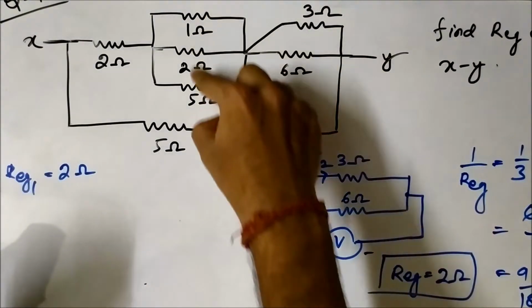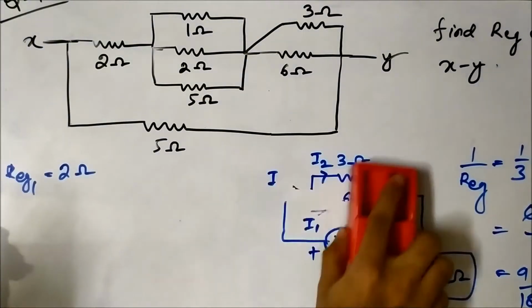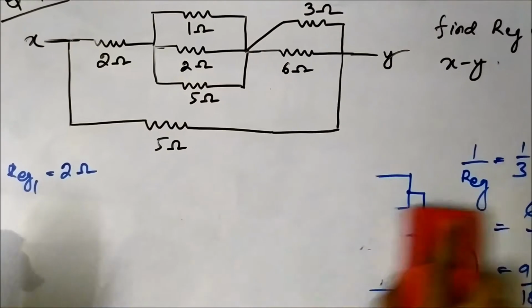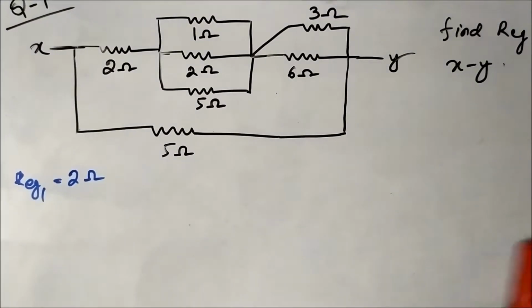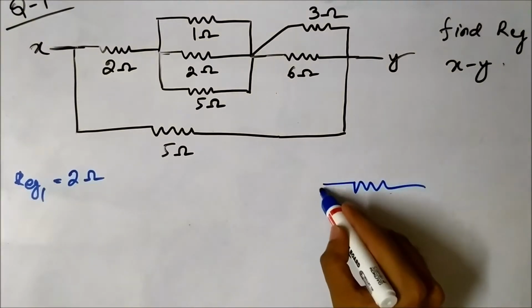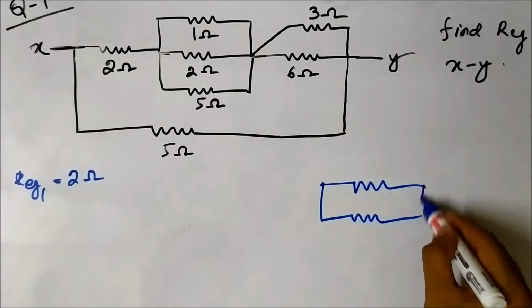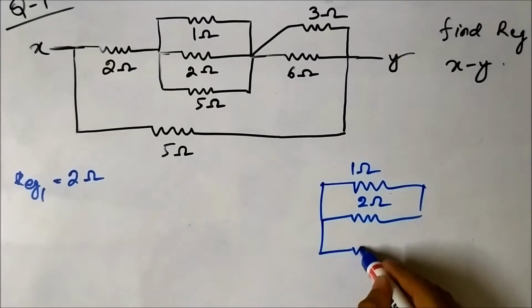Next, let us consider these three. Let me just erase this part. Now this is 1 ohm, this is 2 ohm, and this is the 5 ohm.